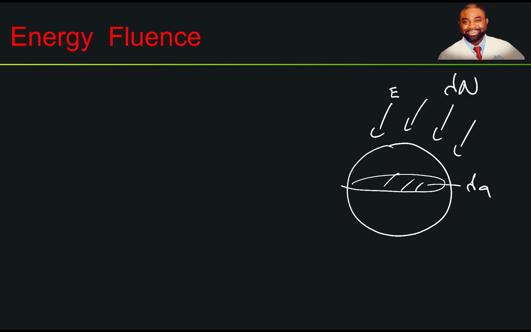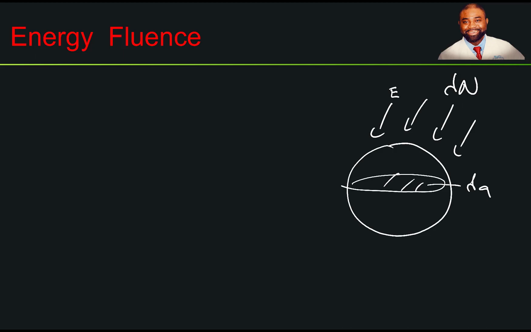The next term that we will talk about will be energy fluence. Now, energy fluence really is a physical quantity that measures the total radiant energy impacted within a given sphere of cross-sectional area dA.